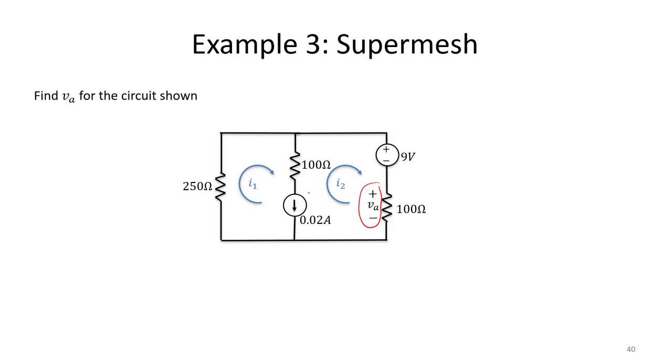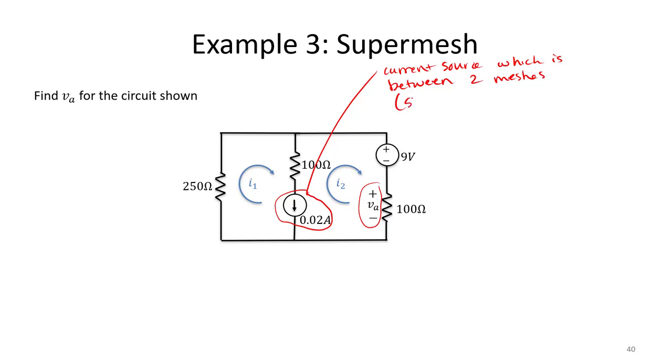Notice we have a current source here, which is between two meshes. It's shared by both I1 and I2. So using a supermesh would be a good approach to solve this question.